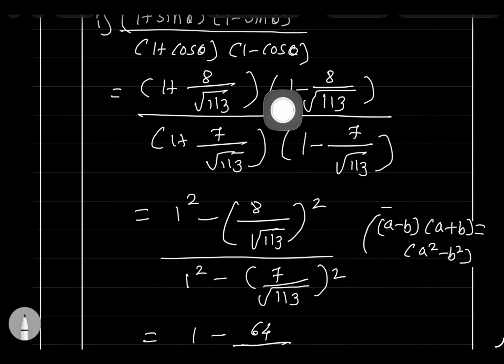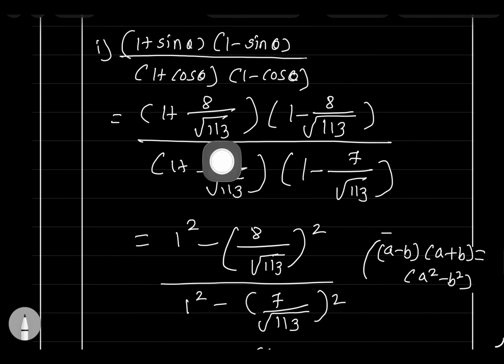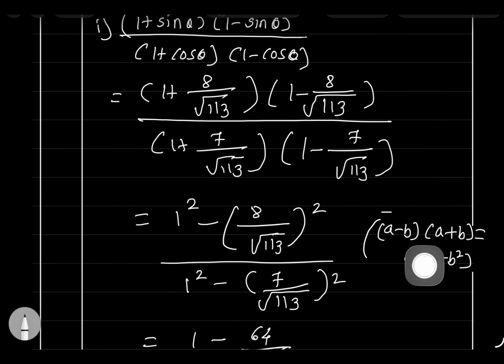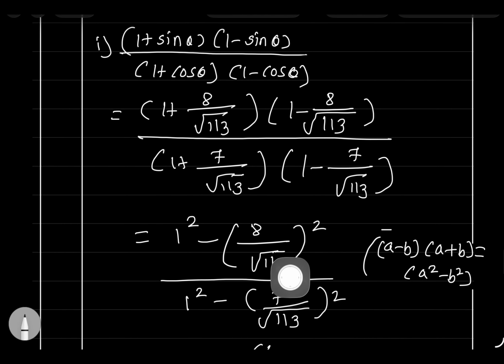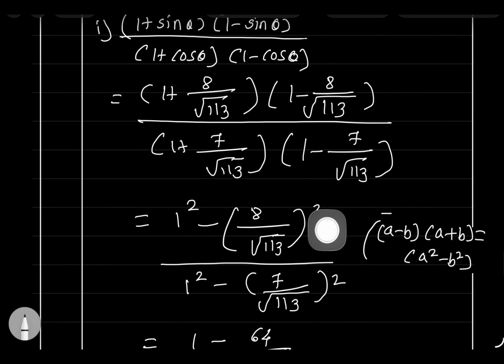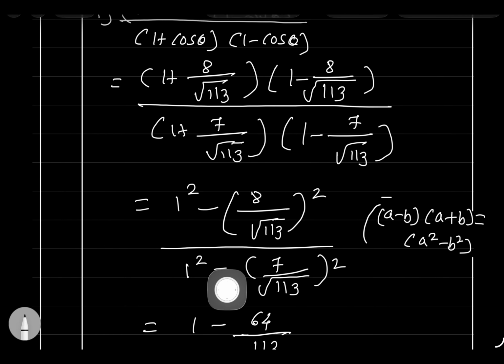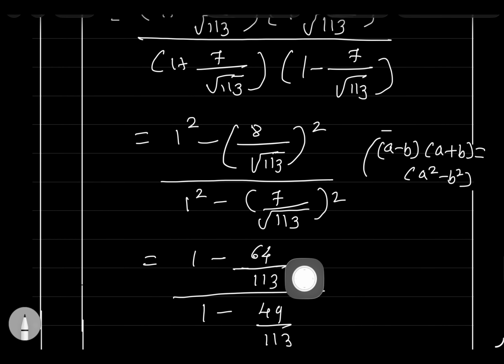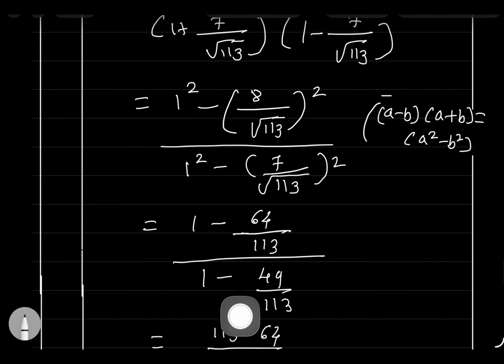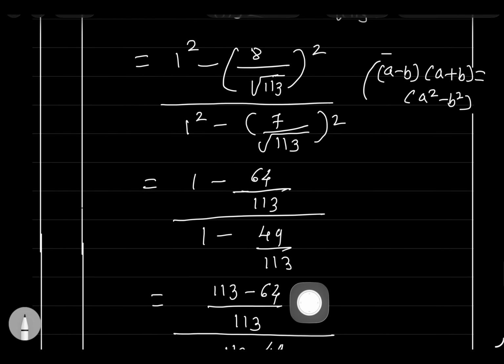Here plus and minus are there, A plus B and A minus B, so we use the identity A square minus B square. So it becomes 1 square minus (8 upon root 113) square, and 1 square minus (7 upon root 113) square. That gives 1 minus 64 upon 113, and 1 minus 49 upon 113.